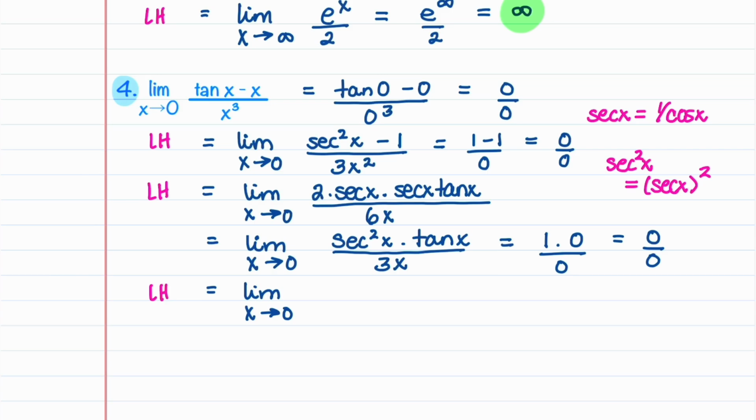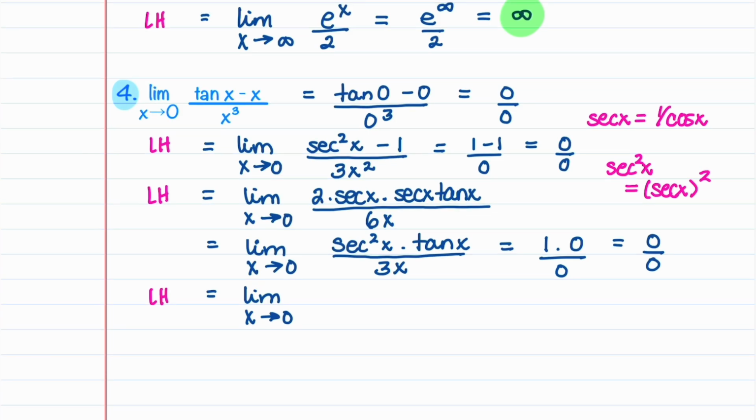When we take the derivative of the numerator, let's notice that in the numerator we have two functions, secant squared x and tangent x, so we are going to have to use the product rule. We have our first function, secant squared x, times the derivative of the second.